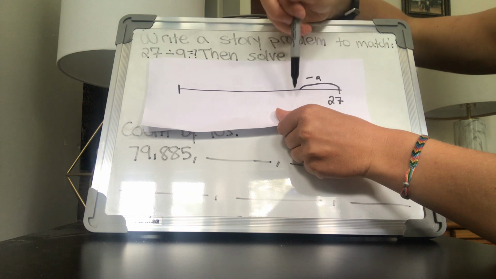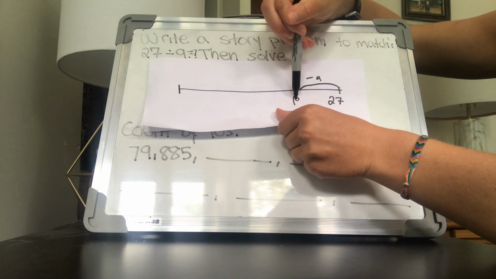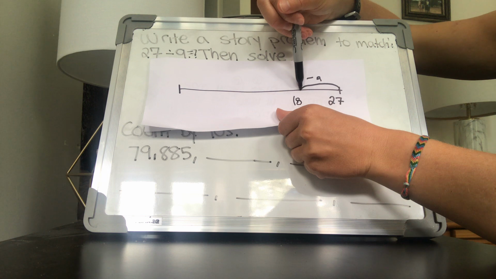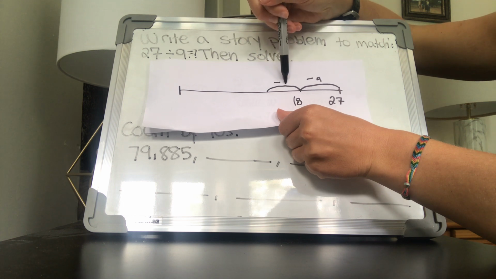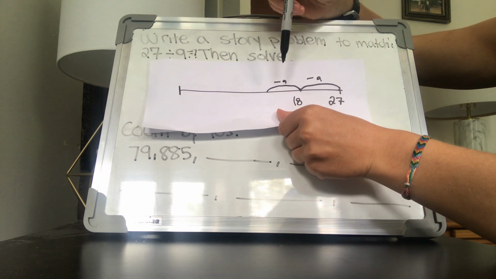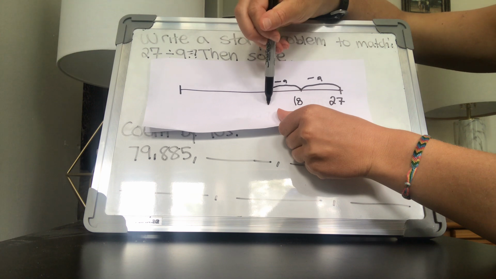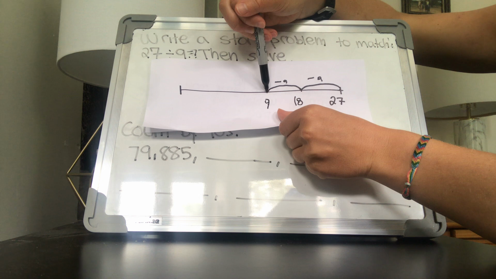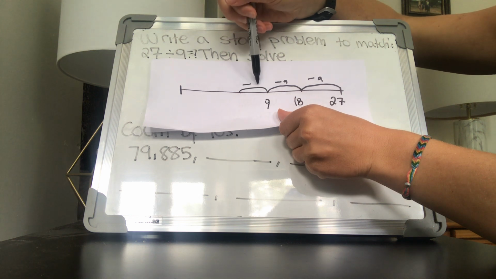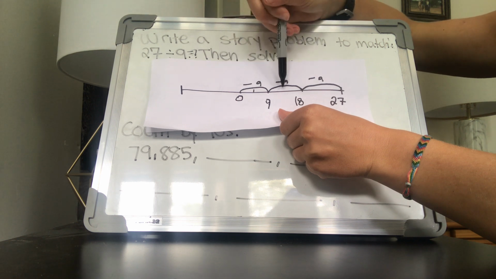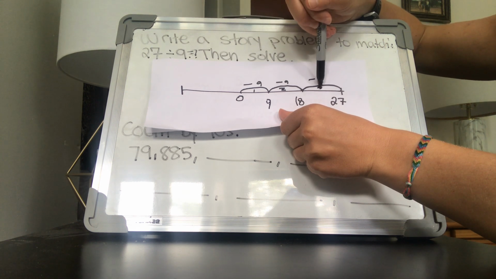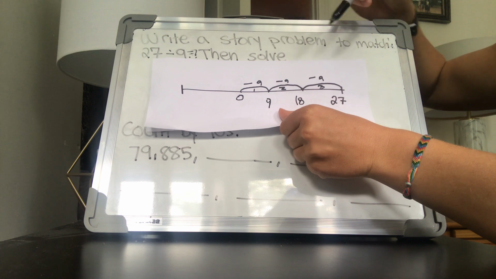Well, 27 minus 10 is 17. 27 minus 9 is 18, because that's one more than it would be if you were subtracting 10. 18 minus 9. Well, I know 9 plus 9 is 18, so 18 minus 9 must be 9. And then 9 minus 9 is 0. So let's count. 1, 2, 3. My answer is 3.